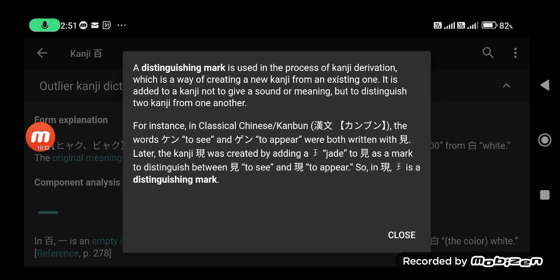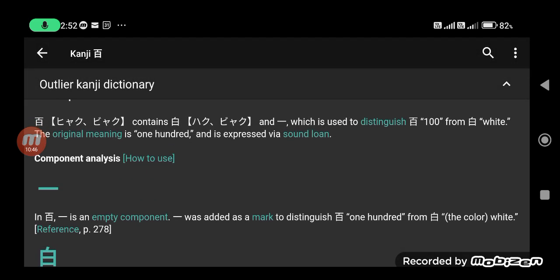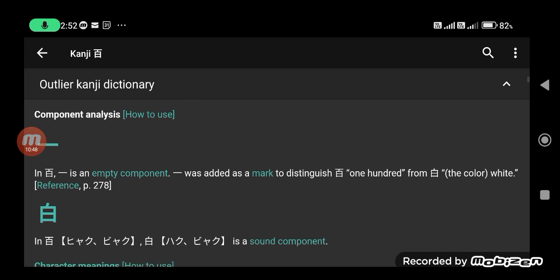So in the description box, minasan, I will put this other kanji key concept, distinguishing mark, again. So how do we use it? Component analysis or radical analysis. In hyaku, this ichi is just an empty component.